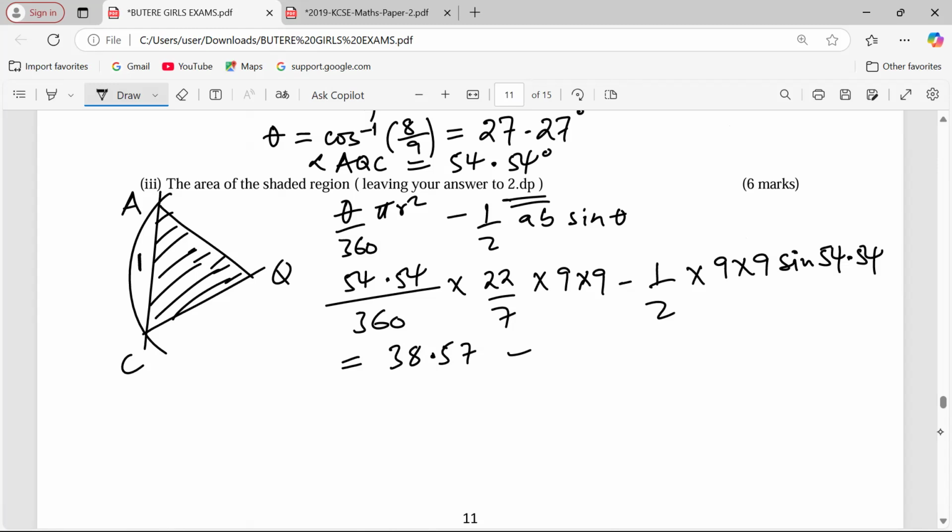This will give us 32.99. So the area of the first minor segment is going to be 38.57 minus 32.99, giving us exactly 5.58 square centimeters. That one is done.